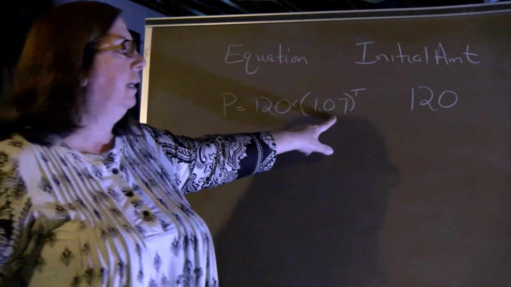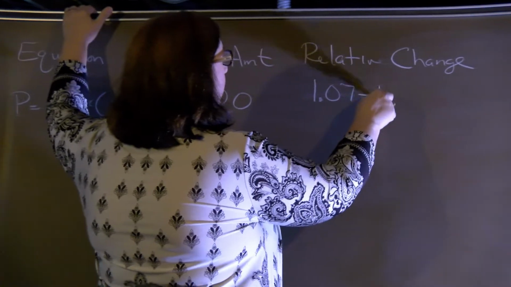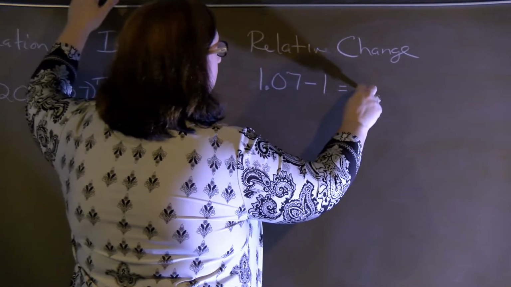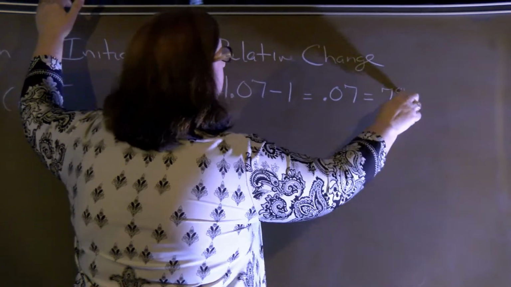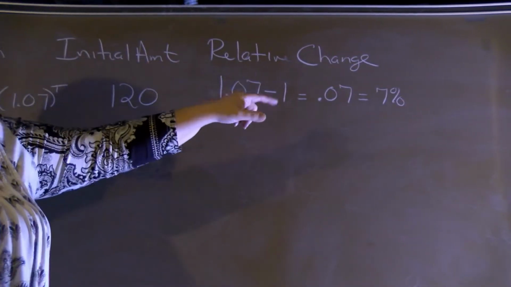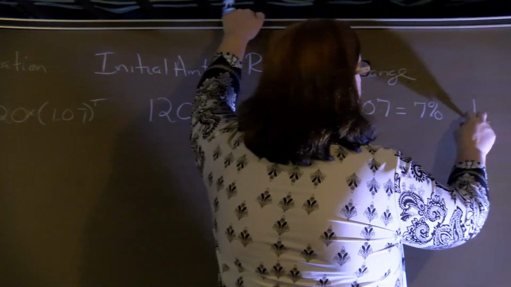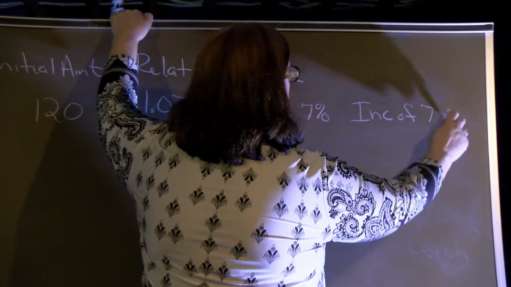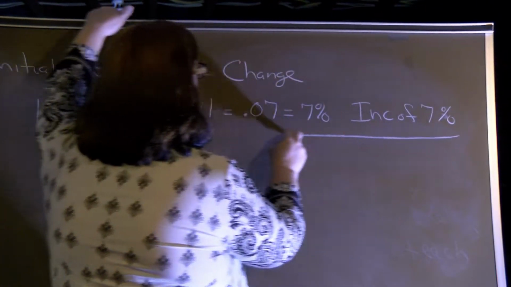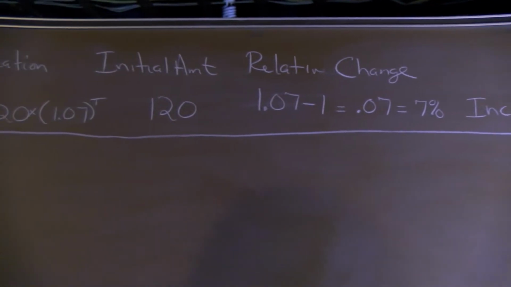So to find it, take that value inside the parentheses and subtract 1. And then make it a percent. Since it's a positive, the relative change is an increase of 7%. There was an increase of 7%. Let's try another one.